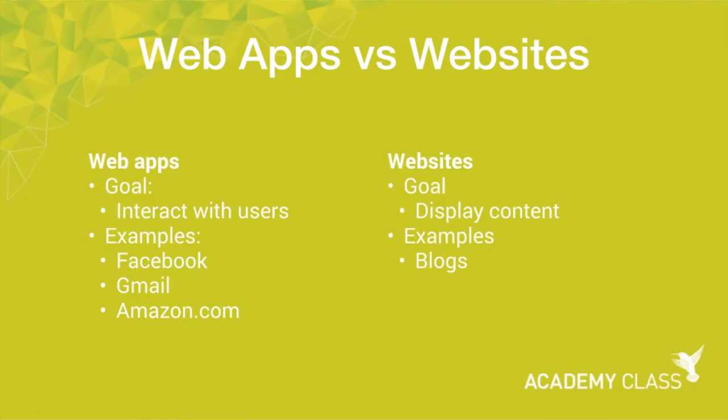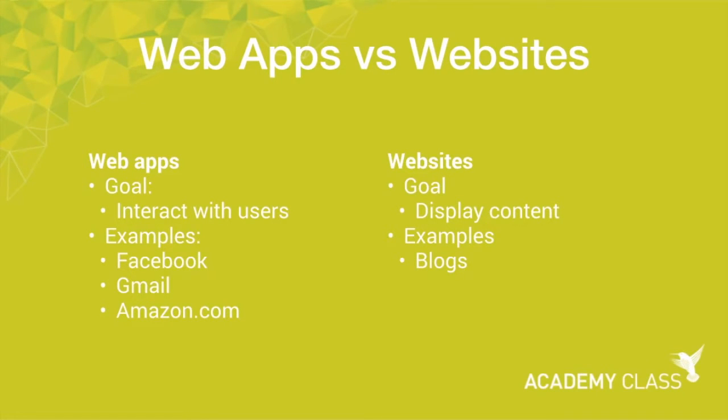However, websites differ from web apps in a way that the main goal of a web app is to interact with the users. Imagine Facebook or Gmail or Amazon.com. All of these services are suited for the user to interact with the web app and to achieve some purpose, like uploading a photo or sending an email or buying something.